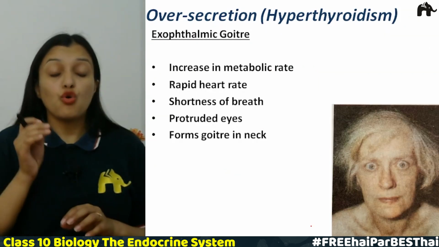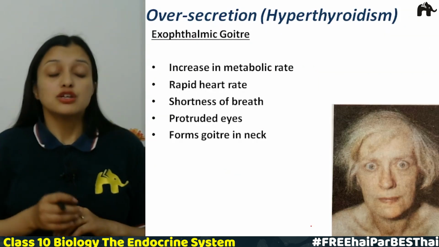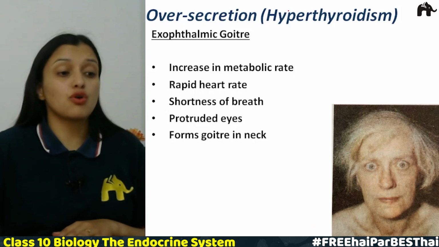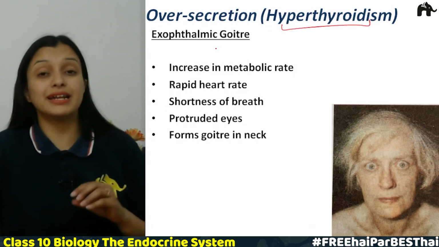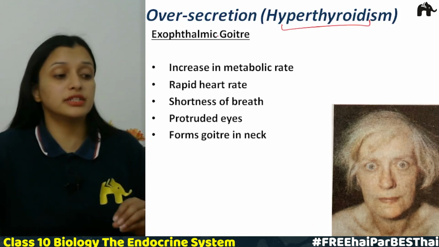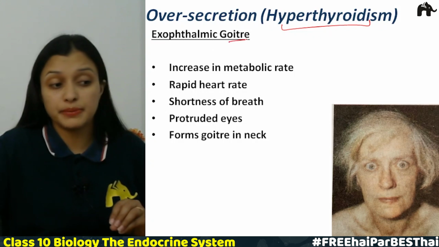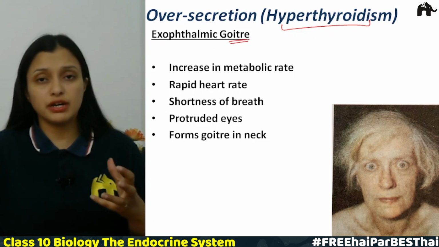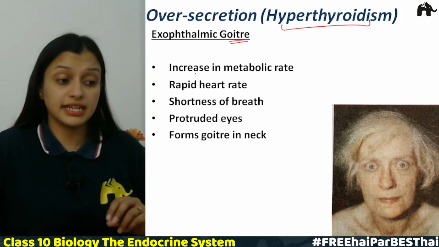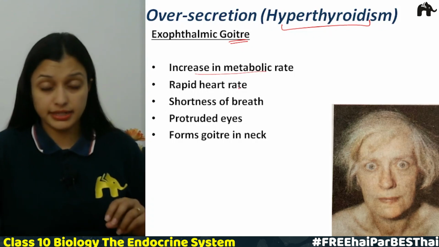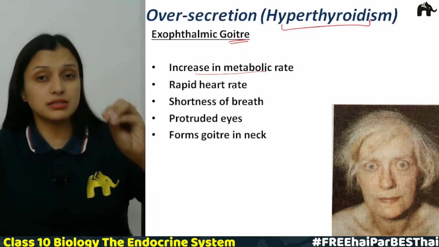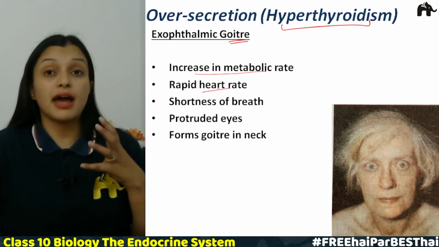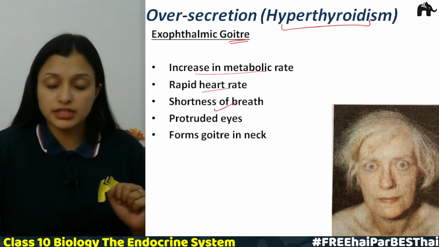Now the next is over-secretion of thyroxine. Whenever there is over-secretion, it is called hyperthyroidism, and it leads to a form of goiter called exophthalmic goiter, right? So what are the symptoms? How will you figure out this situation? There is a marked increase in the metabolic rate. There is rapid heart rate. There is shortness of breath.